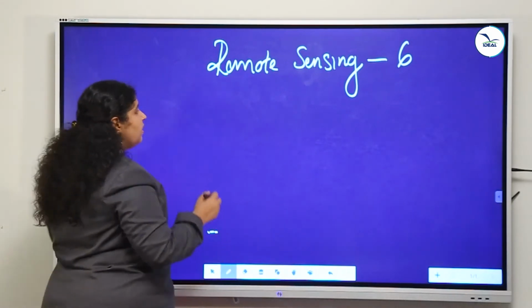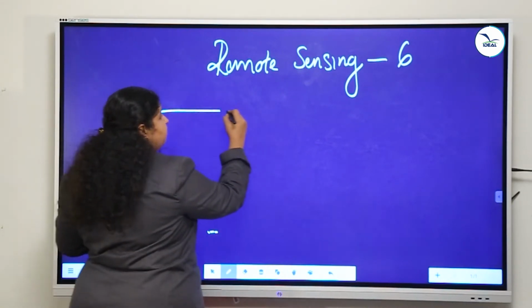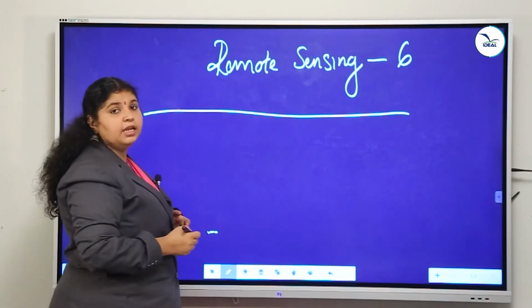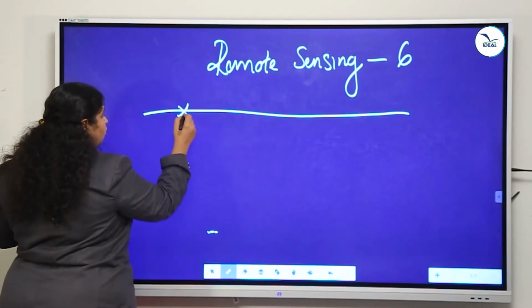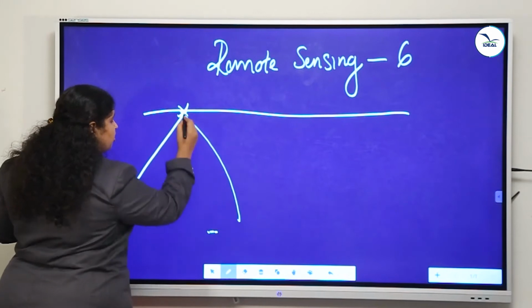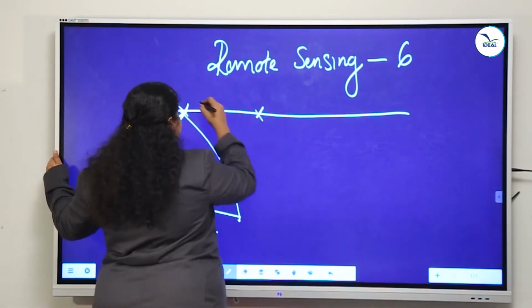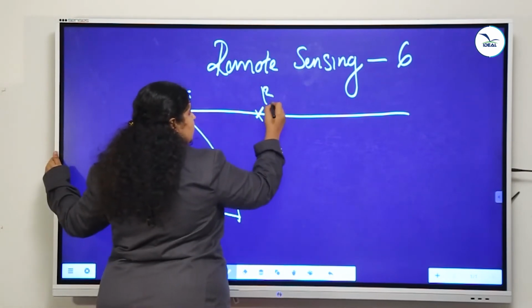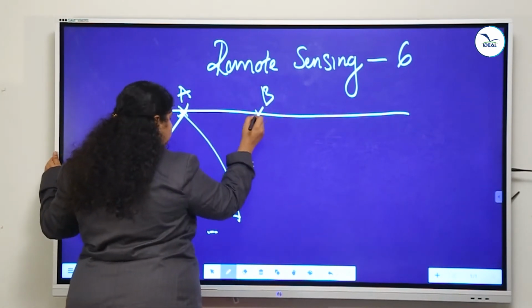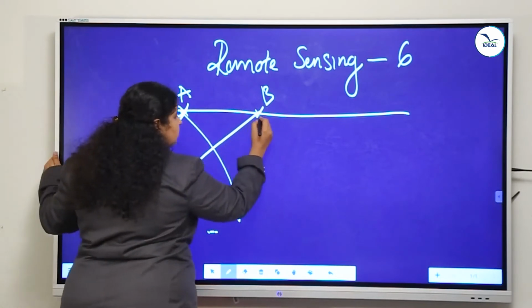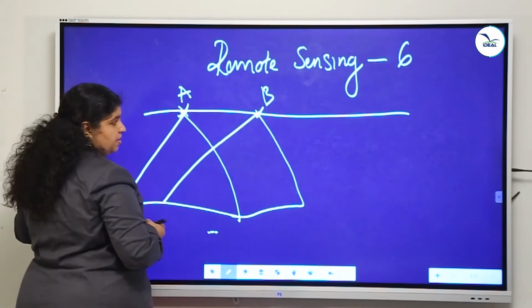My dears, overlay analysis means, if this is the path of the helicopter, the first photo may be taken from here and covers this much area, and the second picture may be taken from here, but it contains 60% of the previous picture.